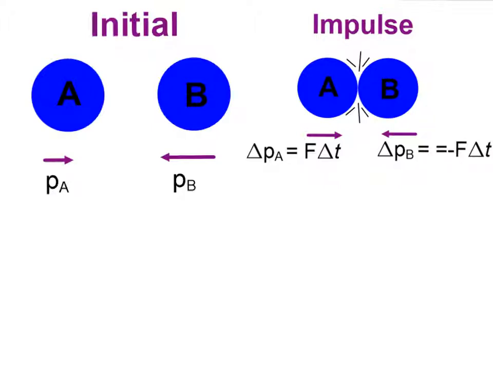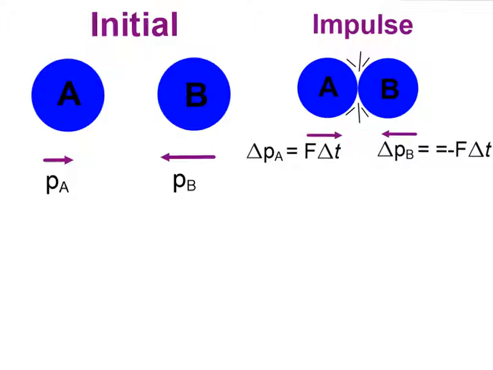After our initial step here, where the balls are approaching each other with individual momentums, we have our impulse step, and this should look familiar. Here's the impulse term, and that represents our change in momentum.